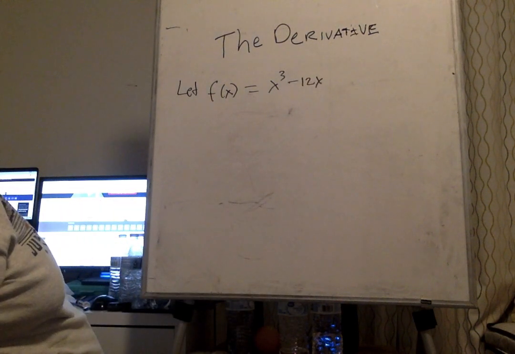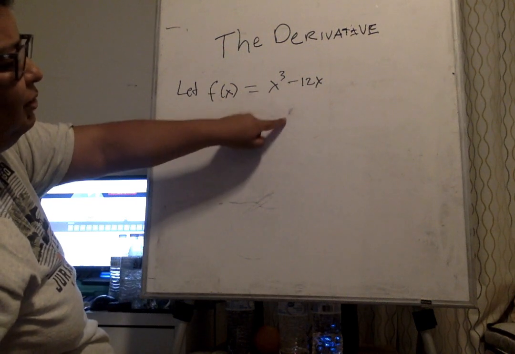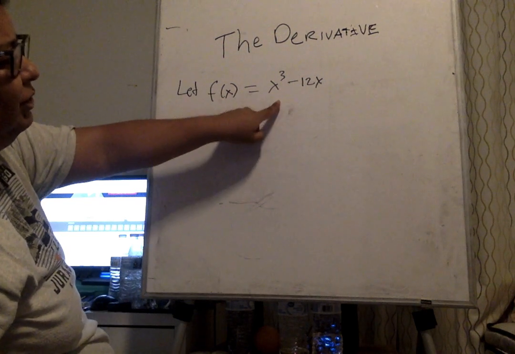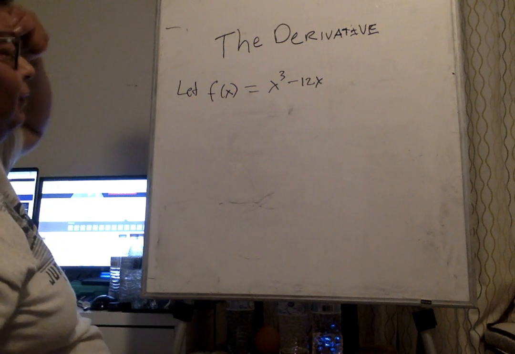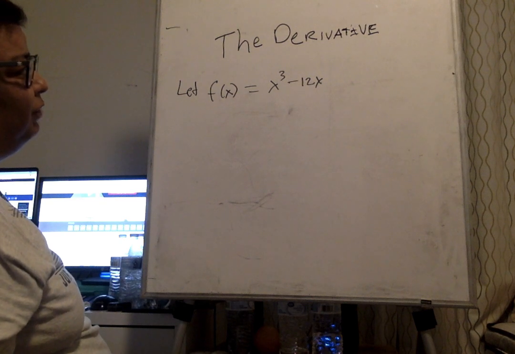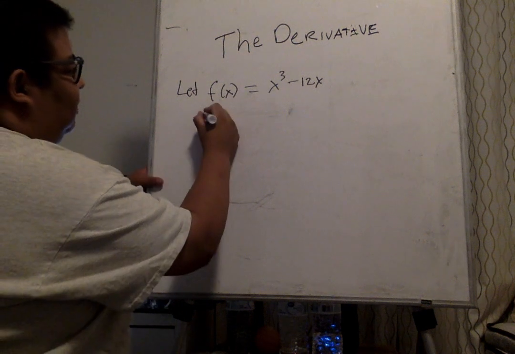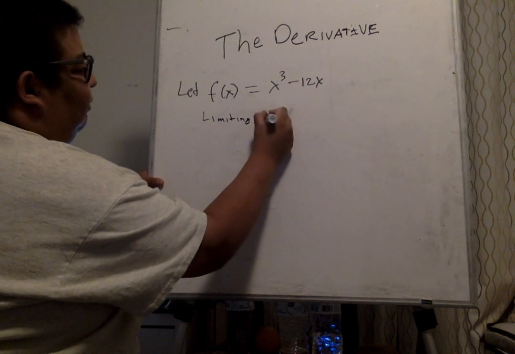That's our original function. Notice this is a nonlinear function, so we're not gonna have a fixed number for the slope at every point of this curve. The slope is not going to be the same, so we need to find a function for it, and we can find it using calculus. The way we do it is using the limiting process.